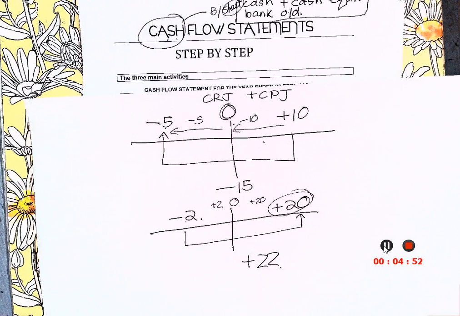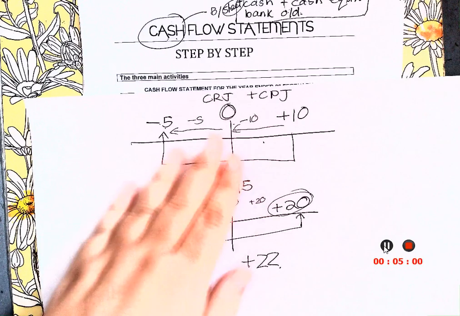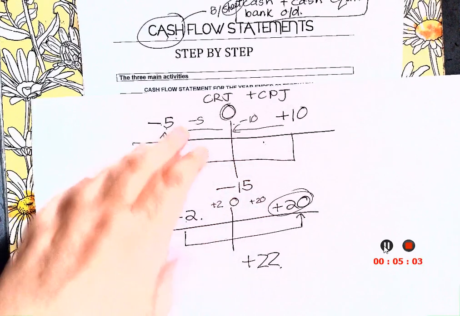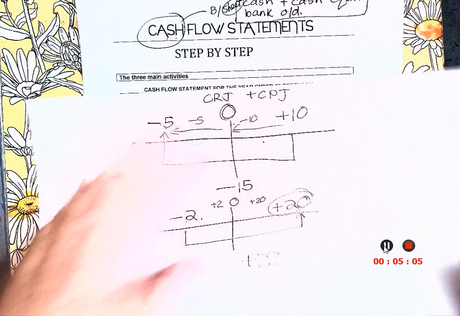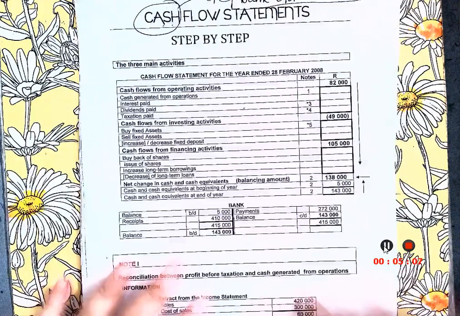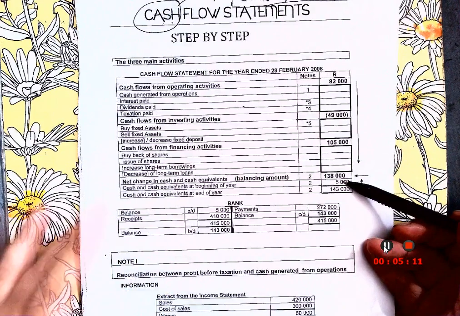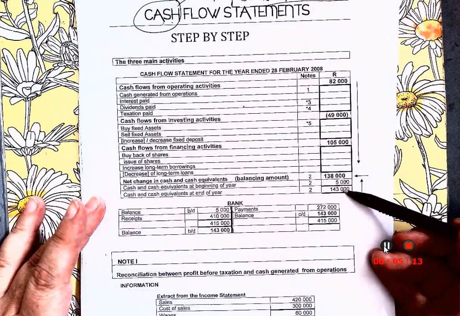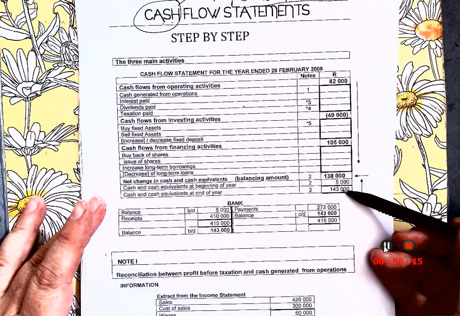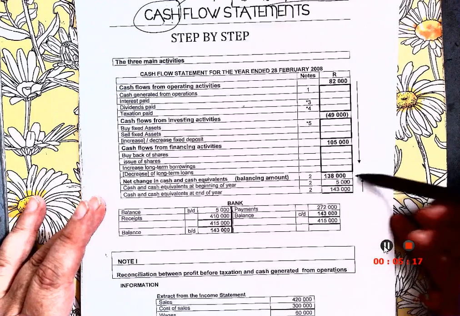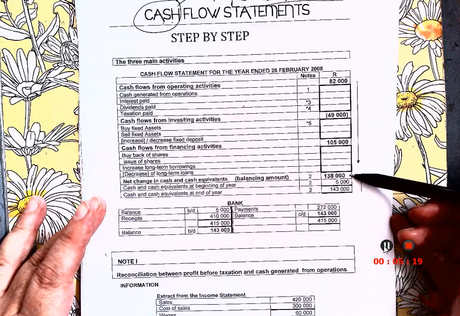I don't care about the fact that my liability is decreasing. It's not about the liability. The same goes with the bank overdraft. I want to see in the end what happened to my cash. So if I look here, yes, I had positive 5,000 at the start of the year, positive 143 at the end of the year, meaning I had an inflow of 138.